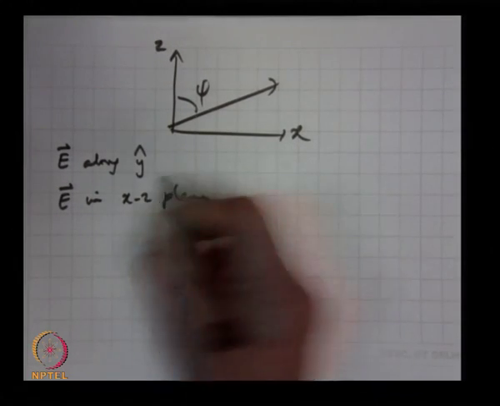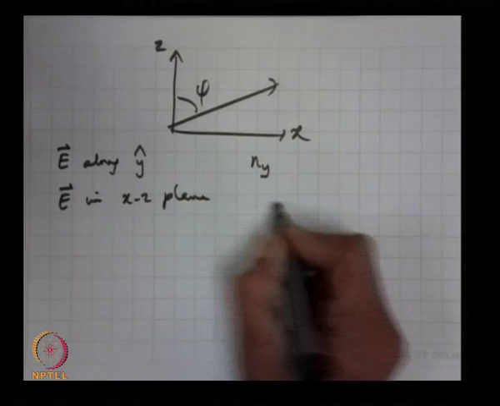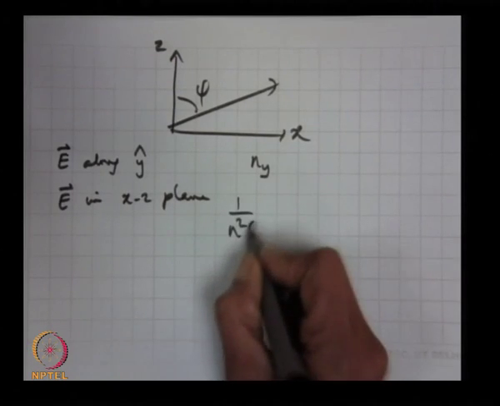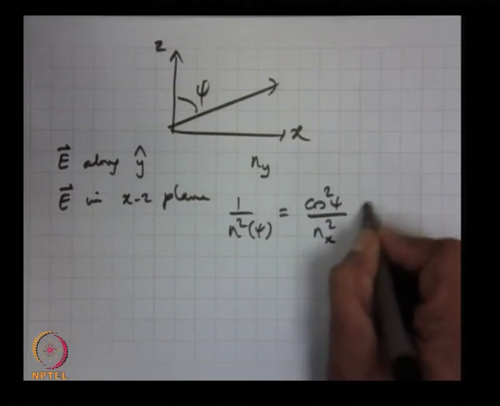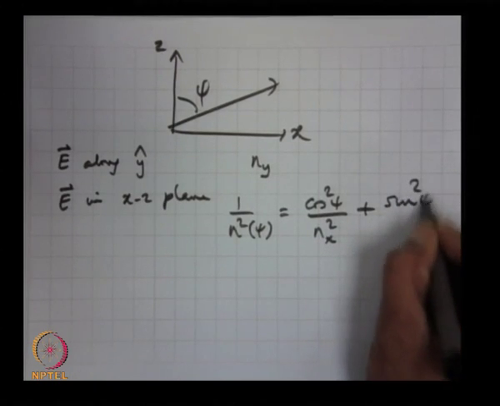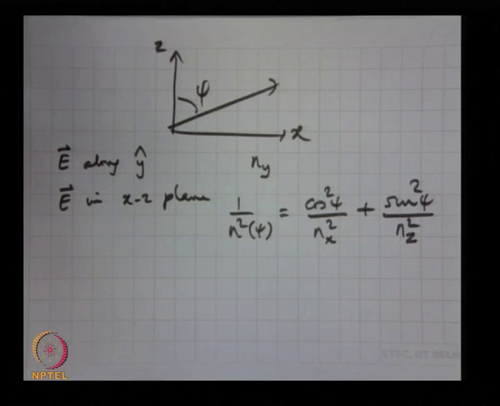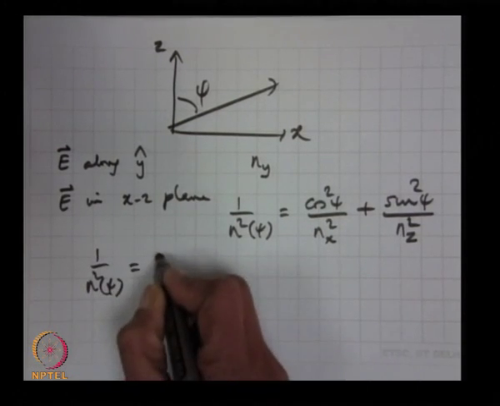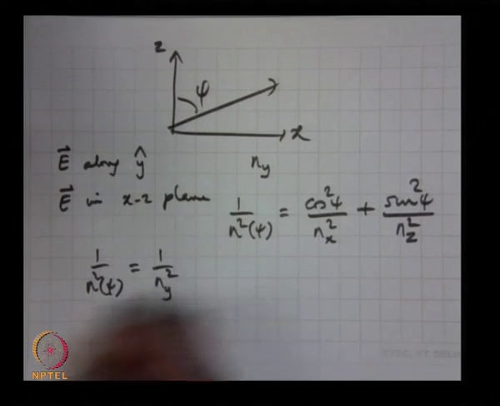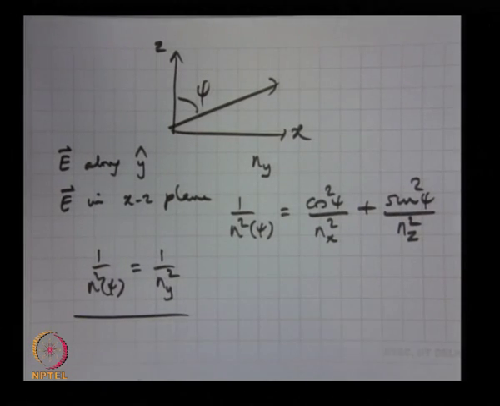The two refractive indices we had calculated: one was ny, the other one was 1 by n square of psi is equal to cos square psi by nx square plus sine square psi by nz square. So I had to put 1 by n square of psi equal to 1 by ny square and solve the equation for psi. That will give you the direction of propagation in which the two eigenmodes have the same speed, and so the polarization state will not change as the wave propagates.